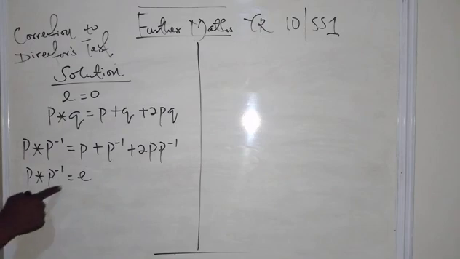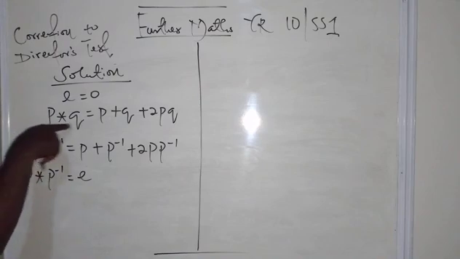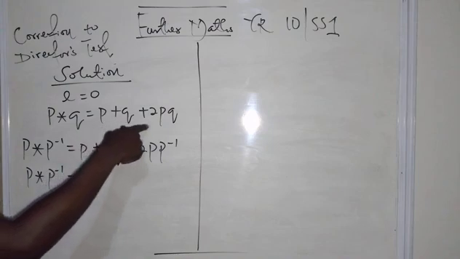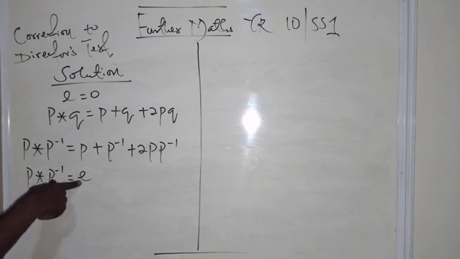So P star P inverse must give us the identity element, and by operating P star Q equal to P plus Q plus 2PQ with P star P inverse, we change Q to P inverse, and that is what we have there. Now this is P star P inverse, and this is also P star P inverse, which is equal to the identity element.